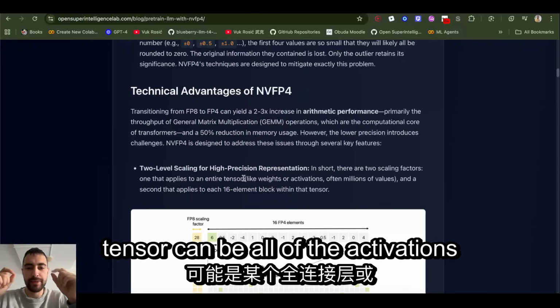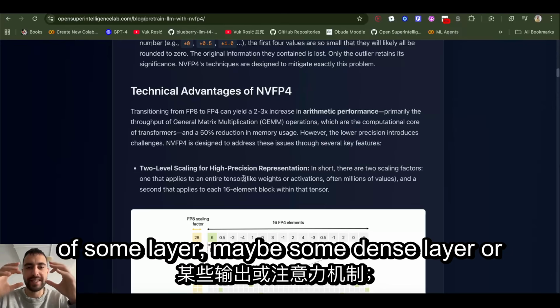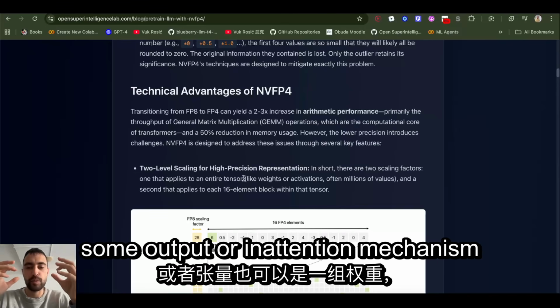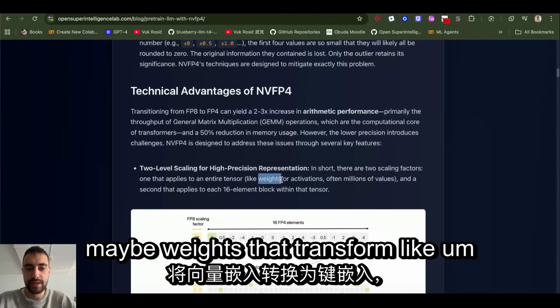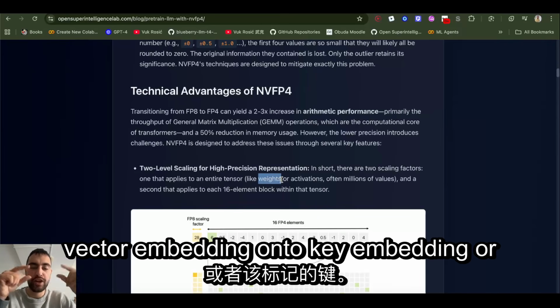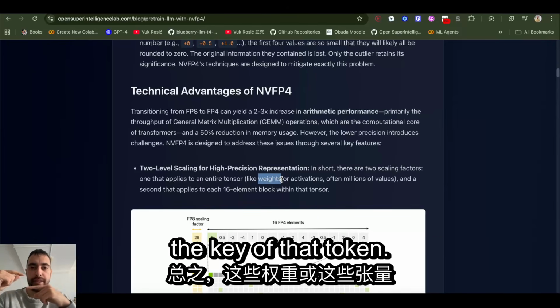A tensor can be all of the activations of some layer, maybe some dense layer or some output in an attention mechanism. Or a tensor can be a set of weights, maybe weights that transform a vector embedding onto a key embedding, or the key of that token.